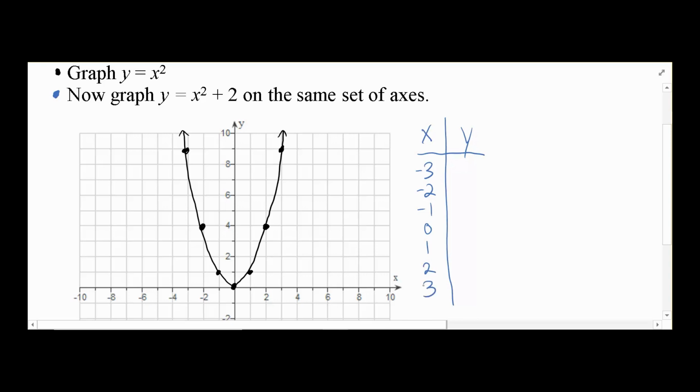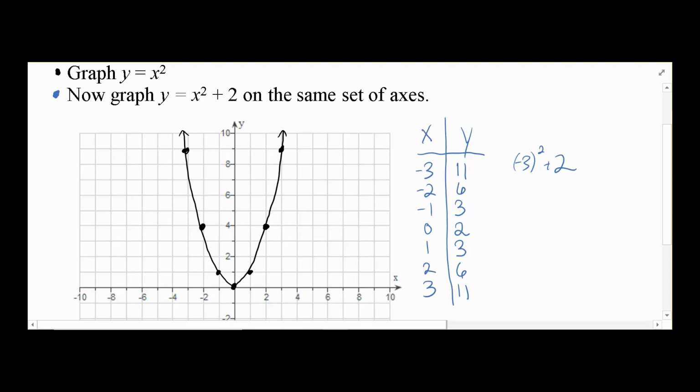Now in this case, when I plug -3 in and do -3 squared plus 2, that's 9 plus 2, or 11. And if I keep doing the same thing for each of these, -2 squared is 4. When I add 2 to that, I get 6. This one's going to get me 3. This is going to get me 2, then 3, then 6, then 11.